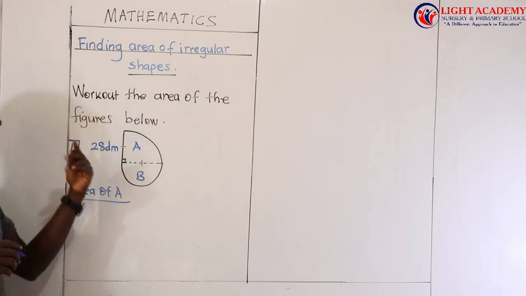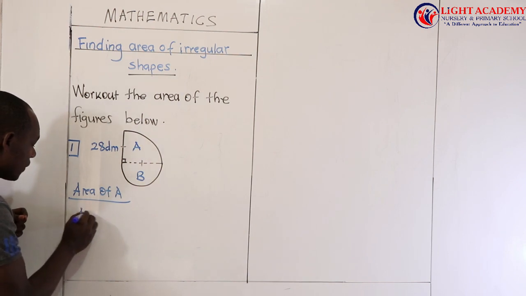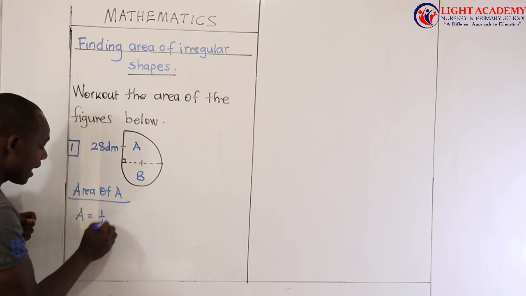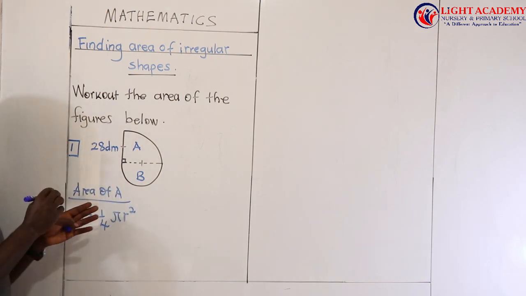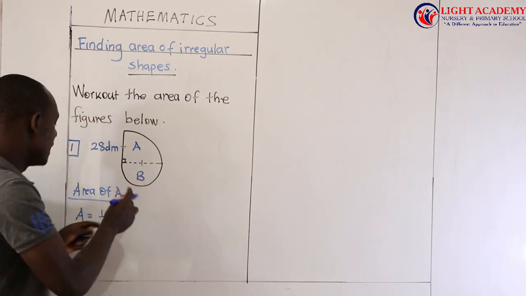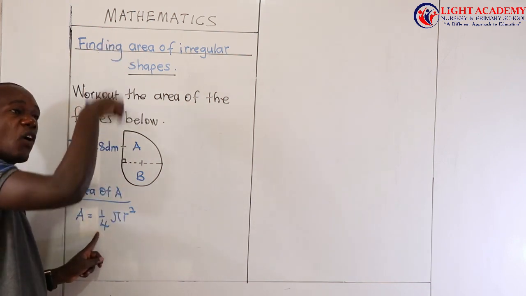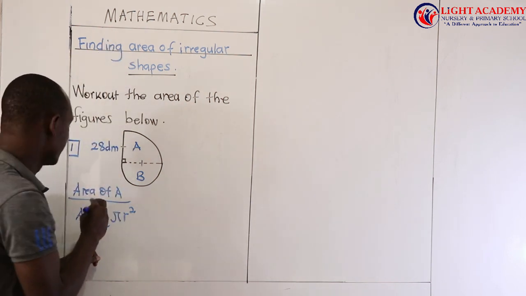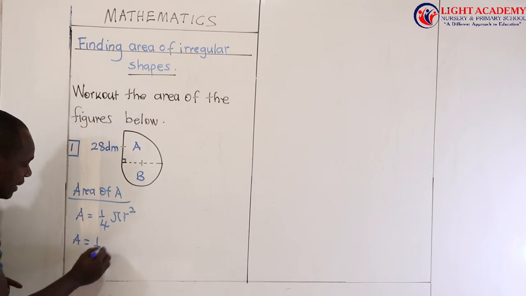We already know the formula of working out area of a quadrant. Our area of a quadrant equals a quarter pi r squared. Now, we have used a quarter because a quadrant is a quarter of a full circle. So our area now will be equal to a quarter times pi.